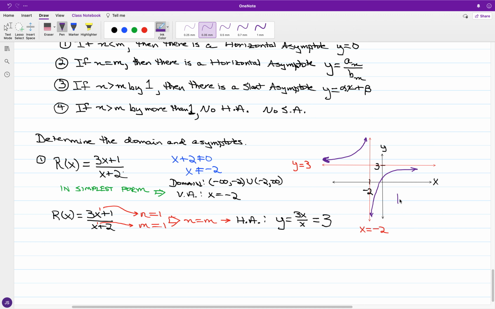Alright, so these two sections will be for r of x is equal to 3x plus 1 all over x plus 2.